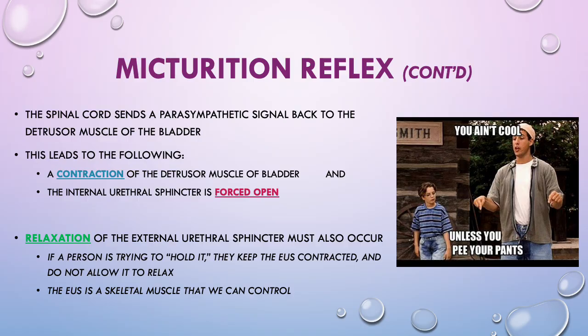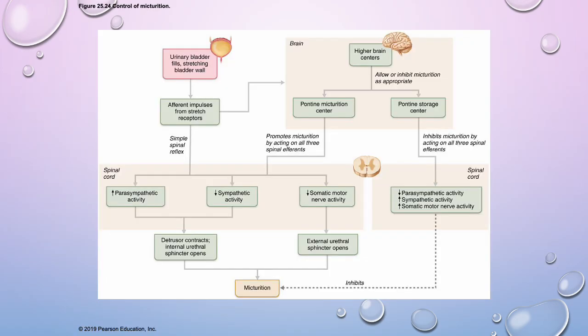So there's the stimulation, there's contraction of the detrusor muscle of the bladder, and then the internal urethral sphincter is going to force open. It's going to relax the external one until you cannot hold it anymore, and then it goes out. Here we have the diagram. You can take a look at it. We have talked about it, and this is pretty much it about our urinary system.